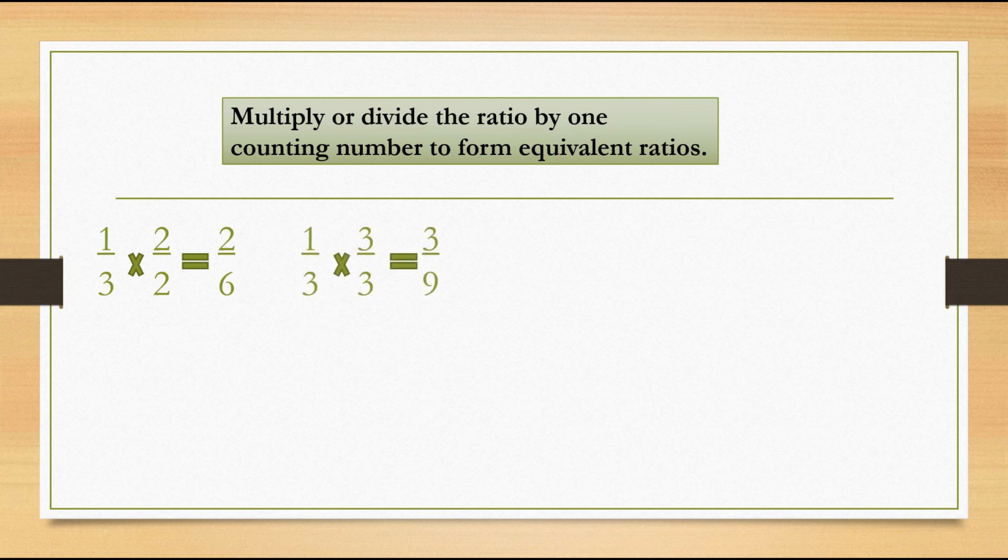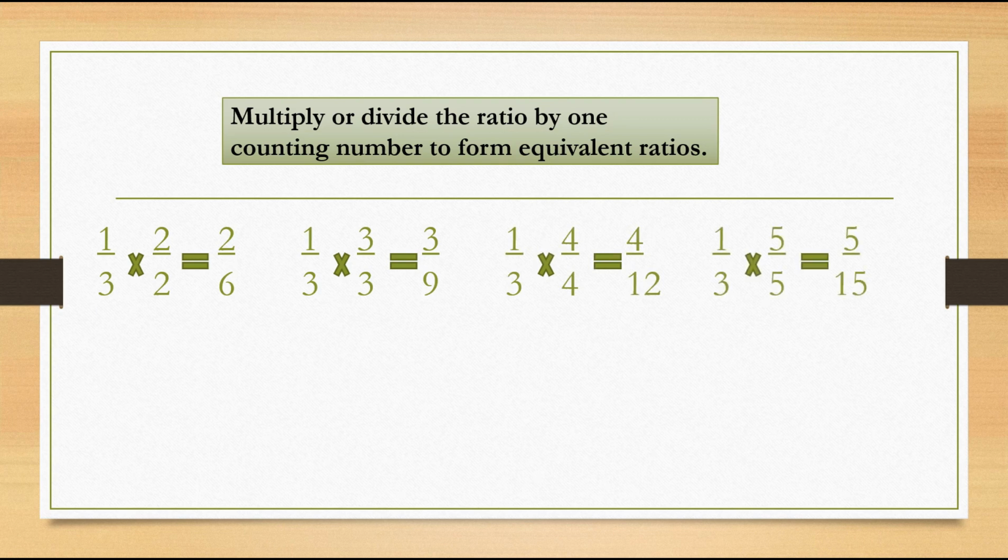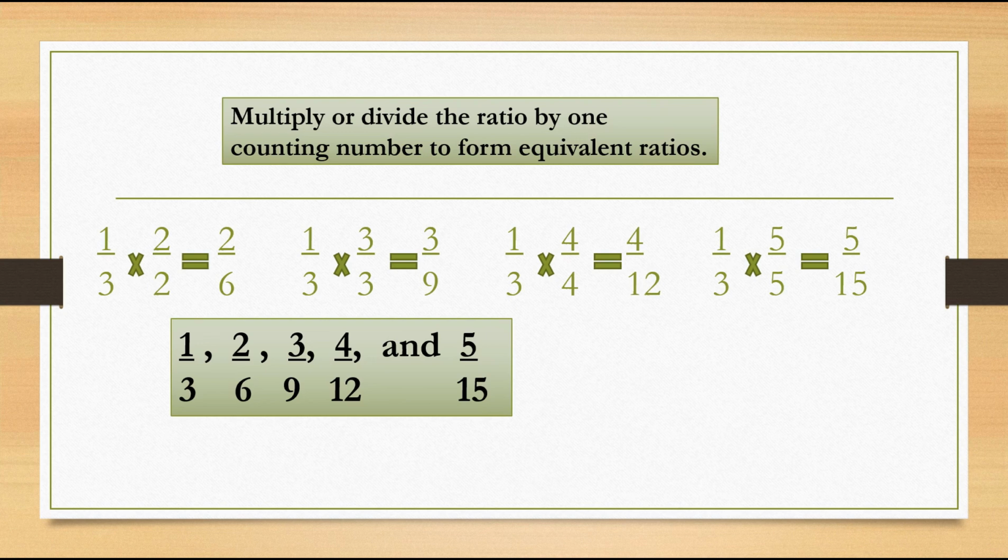So, again yung numerator and denominator natin, minumultiply natin sa same number to get the equivalent or equal ratios. Then we have 1/3 times 4/4, that is 4/12, or 1/3 times 5/5, that is 5/15. So, meaning, 1/3, 2/6, and 3/9, 4/12, and 5/15 are equivalent or equal ratios.